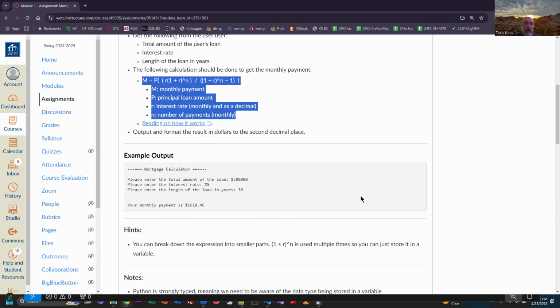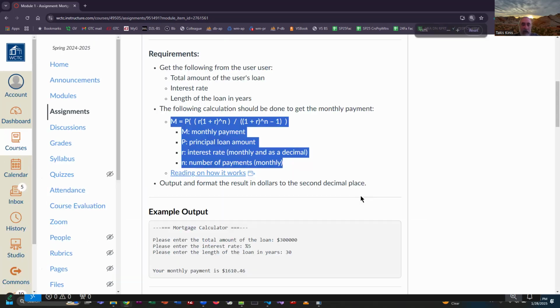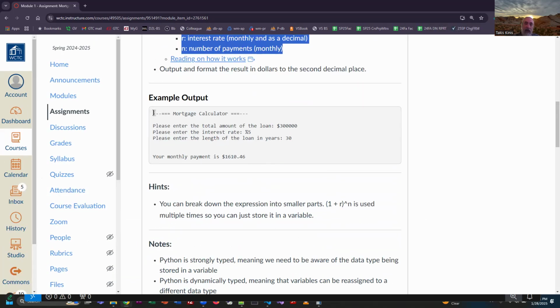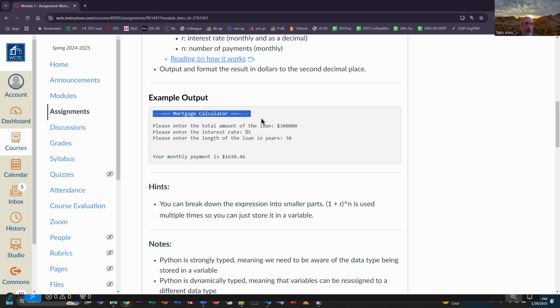We do have an example output here. So in other words, this is what they want the screens to look like. They have a fancy little header here. Notice the ASCII art that's included with it, right? Little dashes and equal signs, and there's a blank line. Then there are 3 prompts to enter the information. So we'll prompt for a dollar amount, a percentage, and the loan length in years.